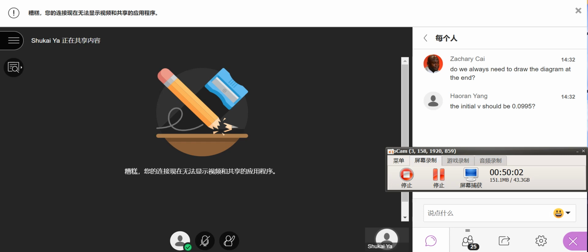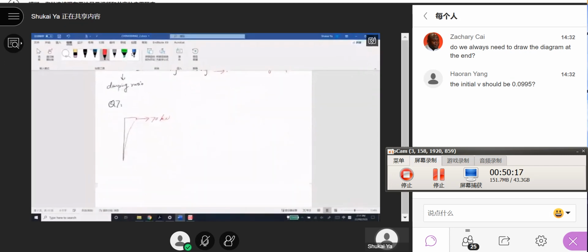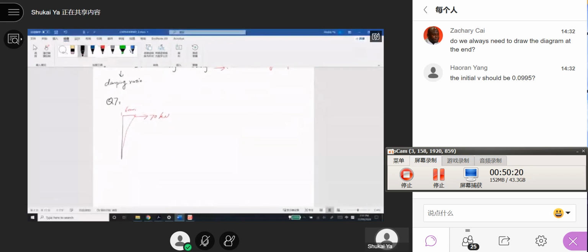Okay. Then if we draw question 7, the vibration initially has U0 equal to 6 centimeters.